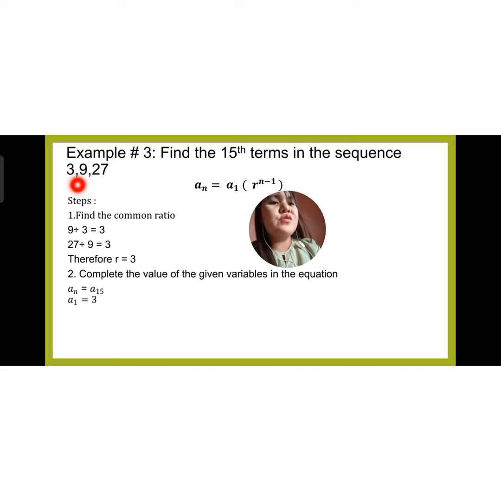So, sa sequence, kung titignan nyo, ang ating first term ay 3. Ang ating common ratio ay 3 dahil dito sa pagkuha natin kanina ng common ratio wherein dinivide natin yung second to first term and third to second term, ang lumabas ay 3. And then, for the value of n, which is 15, since 15 terms nga yung ating hinahanap.